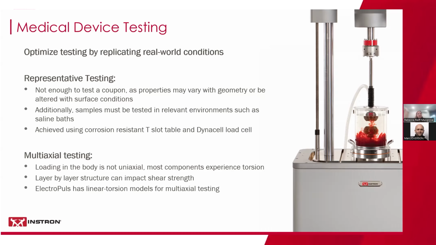And then at the top, we combine it with our Dynacell load cell. So a load cell that is allowed to move and can actually compensate for inertial forces, rather than forcing that load cell to be fixed below a very risky bit of fluid that you would not want it to spill onto.